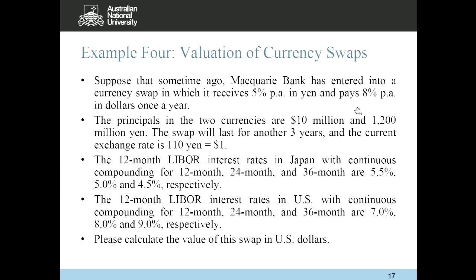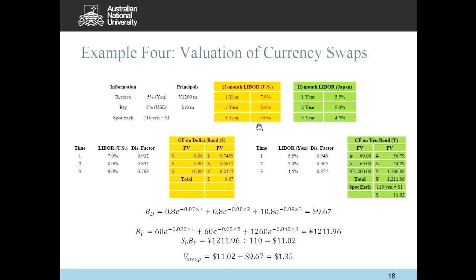So basically, you are paying the US dollar and receiving the Japanese yen. So you receive more than what you pay. So this currency swap has a positive value to this bank, which is 1.35 million US dollar. The most important thing is to value everything in US dollar.